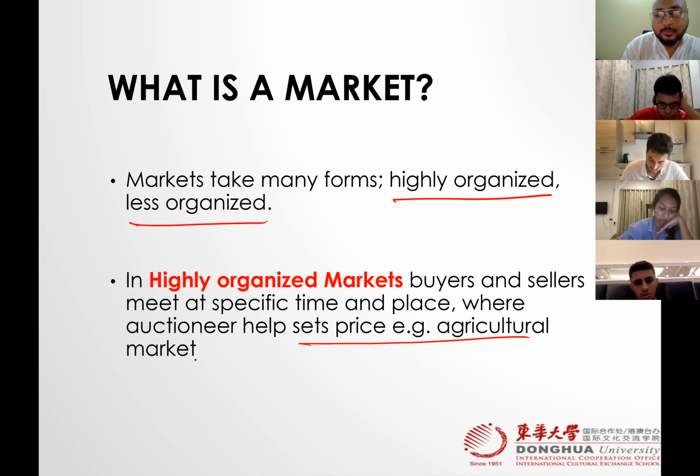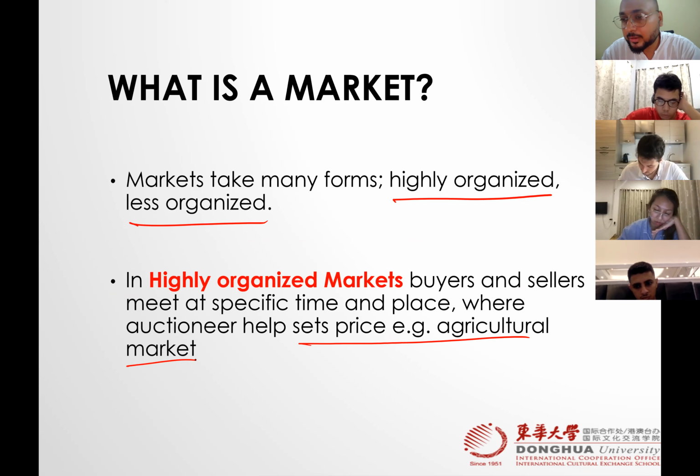If you have happened to visit the vegetable market, it normally opens at 4 a.m. All the vendors go to the main market, buy vegetables in bulk, and then come to their shops and sell to the public. That auctioneer market, we call a highly organized market.